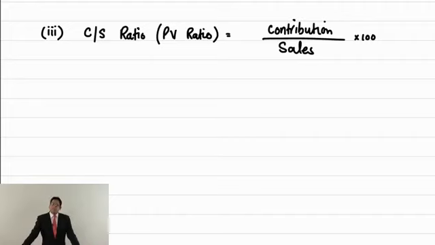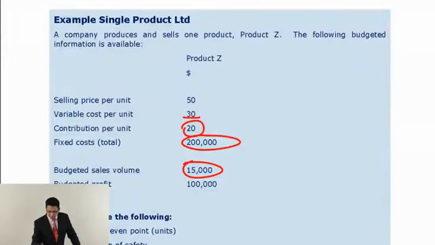If contribution is given per unit, then take sales per unit as well. If contribution is given in total value, then denominator should be total sales. So it depends whether information is available per unit or in total. Now if you remember, both selling prices and contributions were given per unit.